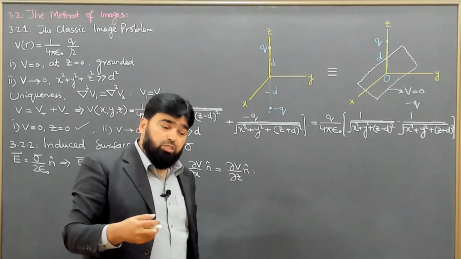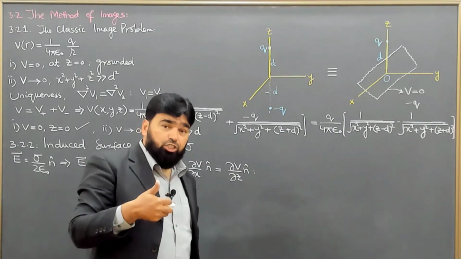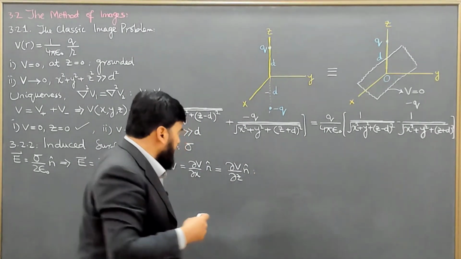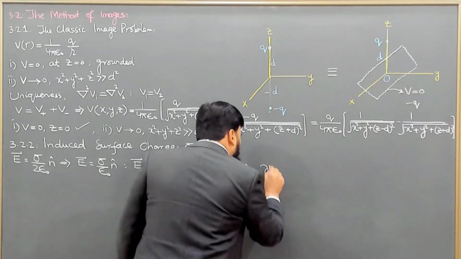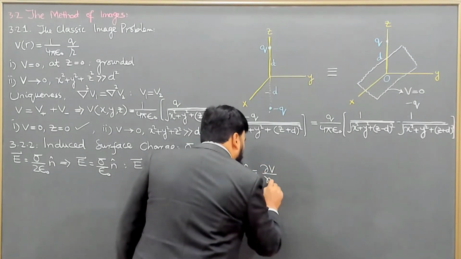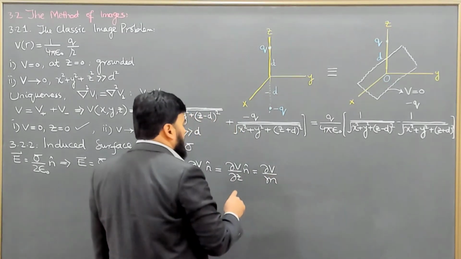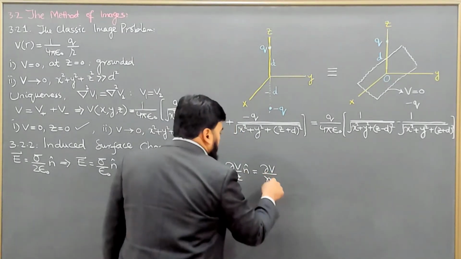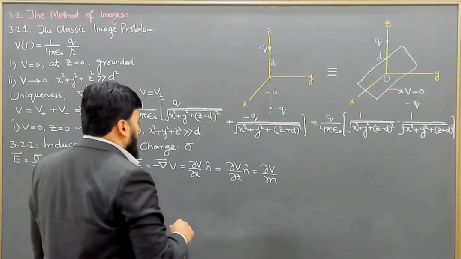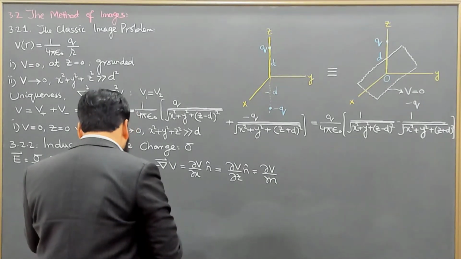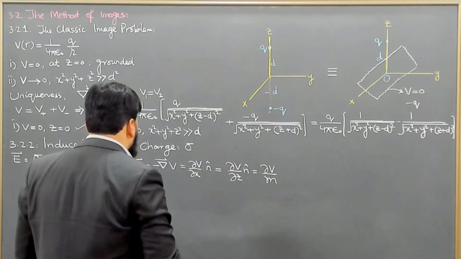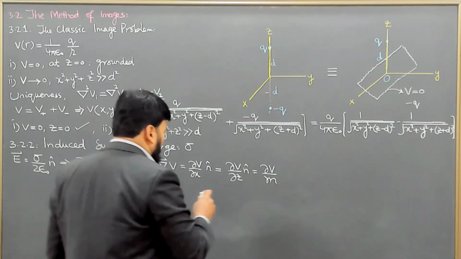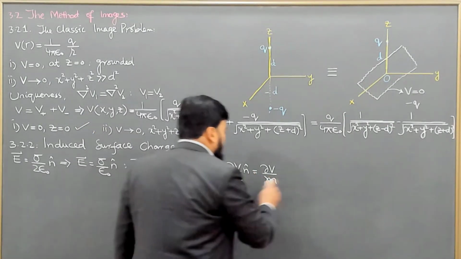Normal derivative means the derivative or the change in the perpendicular direction. So this one I can write as curly V over curly n. Now I don't need to write the n unit vector here, but this is the representation we usually use in calculus, that this is the normal derivative here.